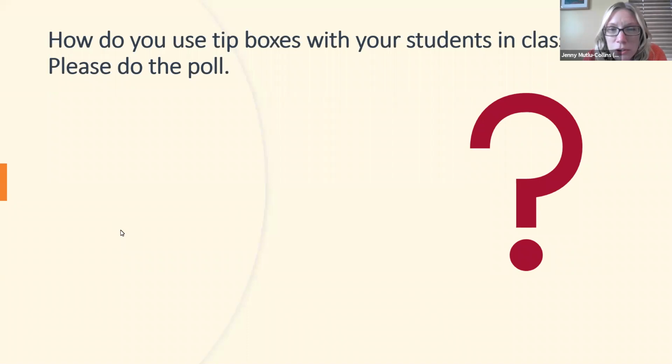If not, you can post your thoughts in the chat if you can't see the poll. Jenny, could you just read the questions? So the questions are, how do you use tip boxes with your students in class? Do you read them to your students? Do you ask your students to read them? Do you not do anything with them, or something else? In which case you can pop your answers in the chat.